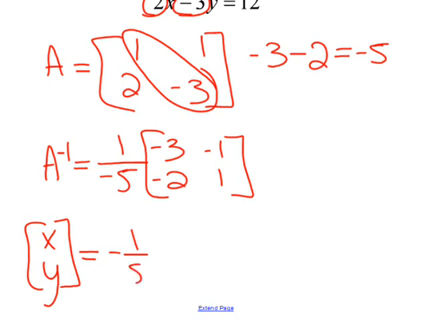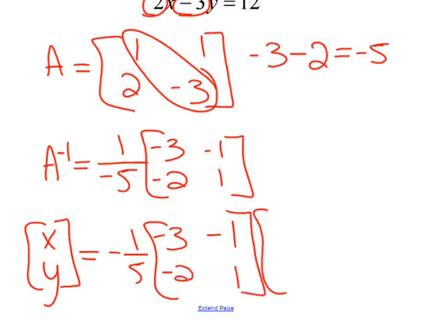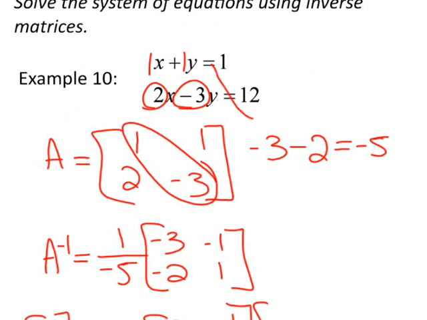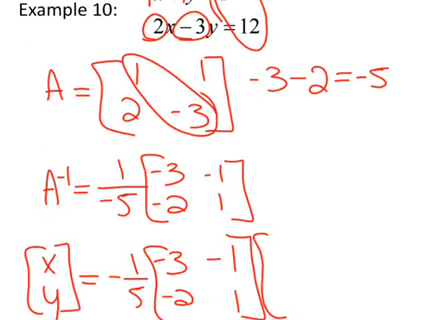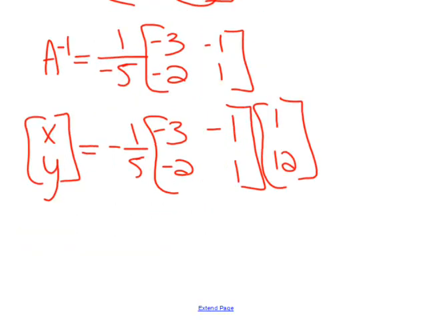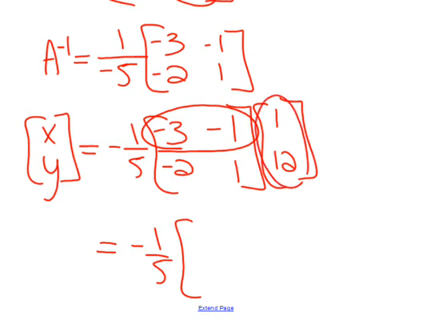Now we're going to multiply. Take the matrix that we just found, multiply by the constants, which are 1 and 12. Rows, columns. Negative 3 times 1 is negative 3.